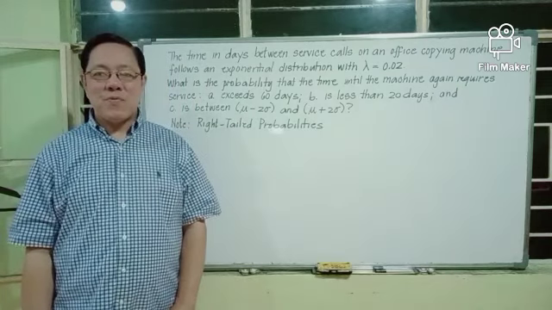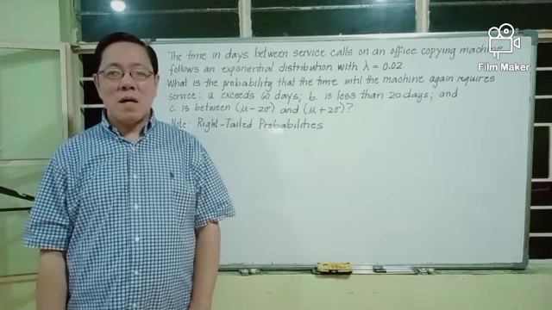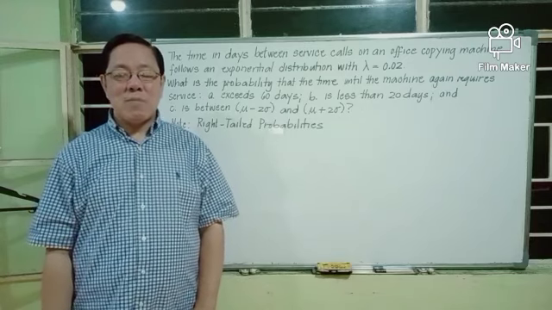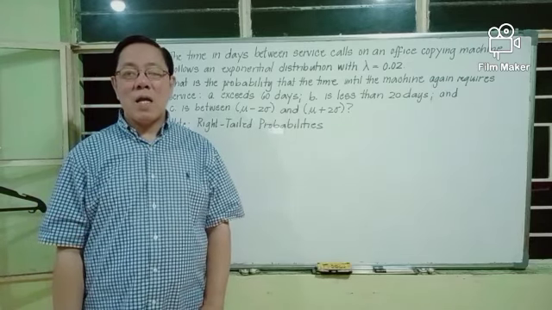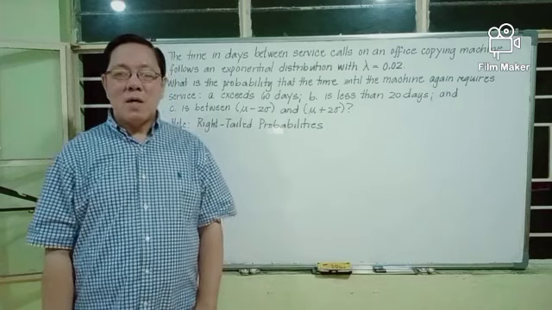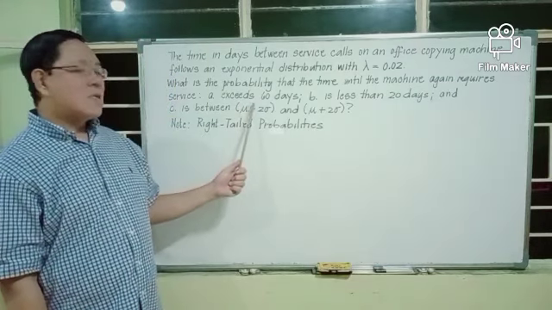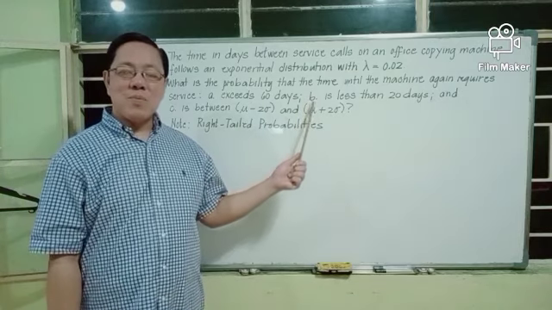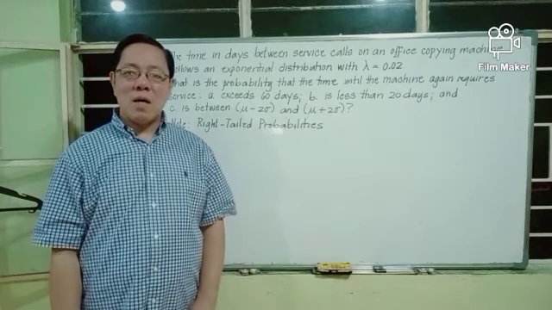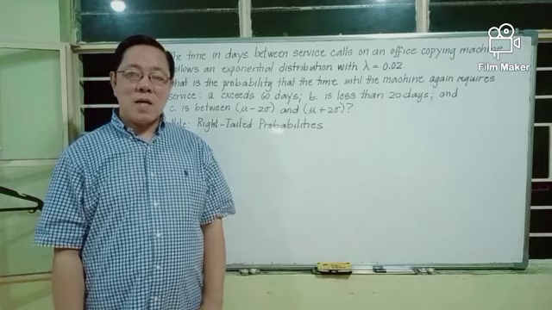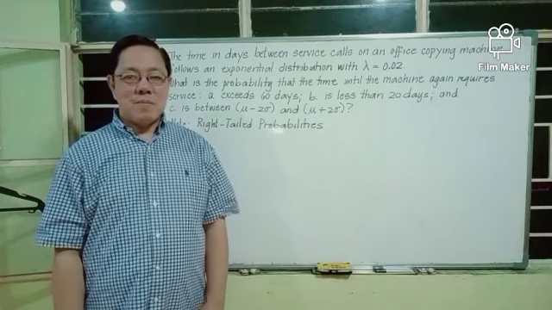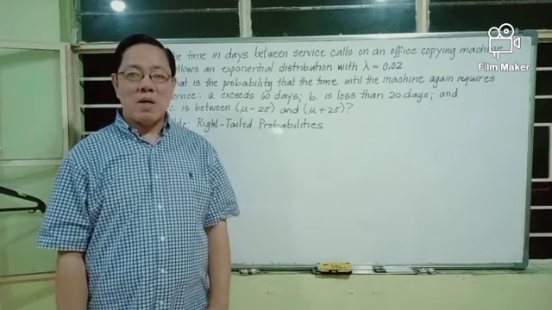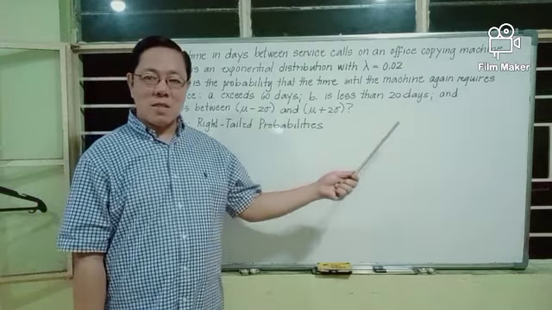We are asked to find the probability that the time in days before the copying machine requires another service or repair exceeds 60 days. And in letter B, we want to find the probability that the time before the copying machine requires another service or repair is less than 20 days.